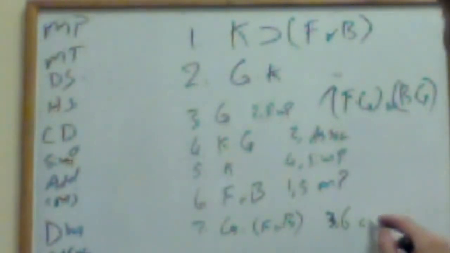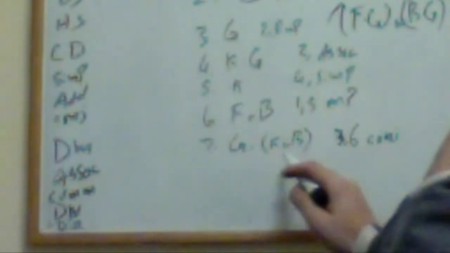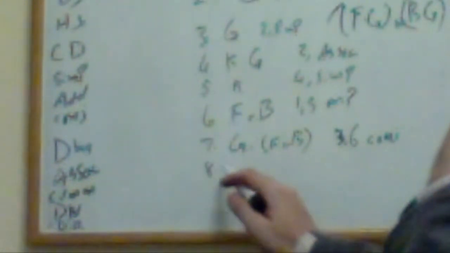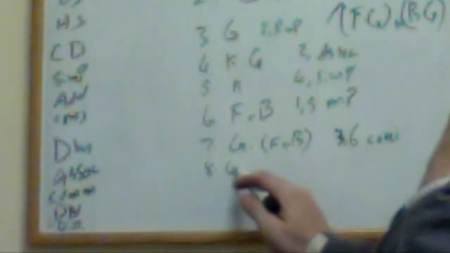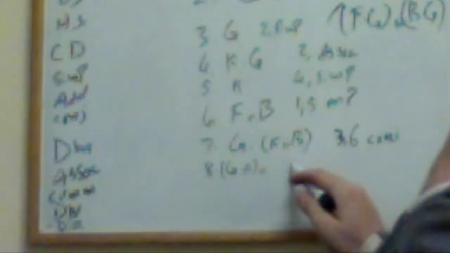Okay, so now we've set ourselves up to go ahead and use distribution. So now we can move this in here, line 8, and we use distribution: (G dot F) wedge (G dot B), and we got that from line 7 by distribution.